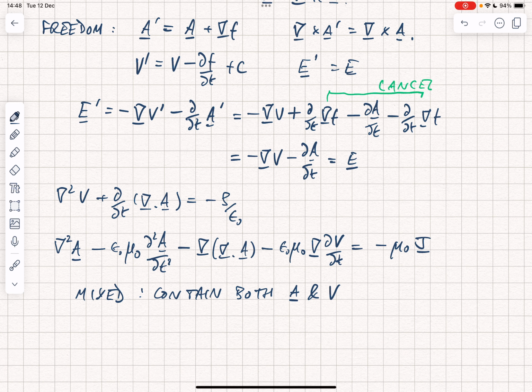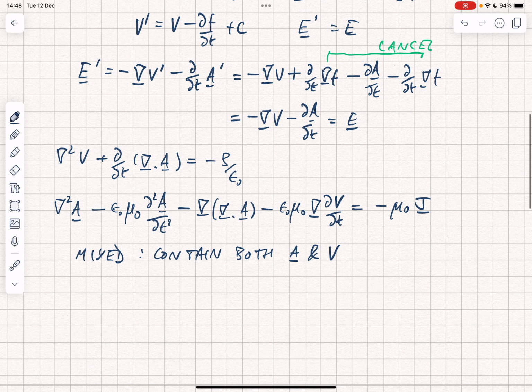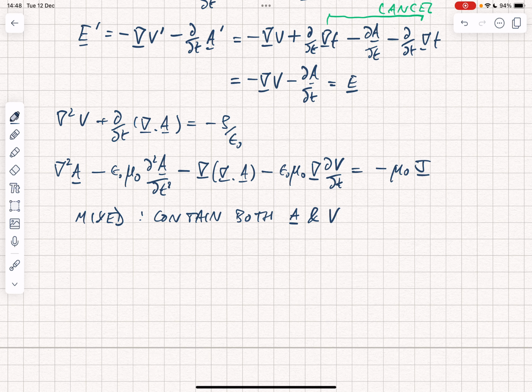This is a problem in terms of solving for the potentials, because if they are mixed, then it makes it much, much harder. And what we're going to do is note that because we have a freedom to set the 0 of A, we can make various choices. In particular, we're going to use what's known as the gauge freedom.